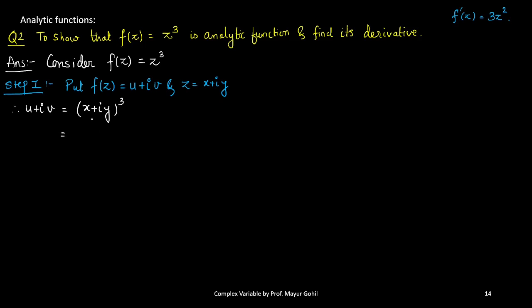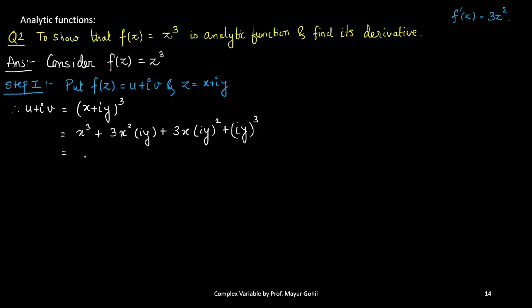The expansion of a plus b the whole cube will be applied. So it will be x cube plus 3x square times iy plus 3x times iy square plus iy cube.